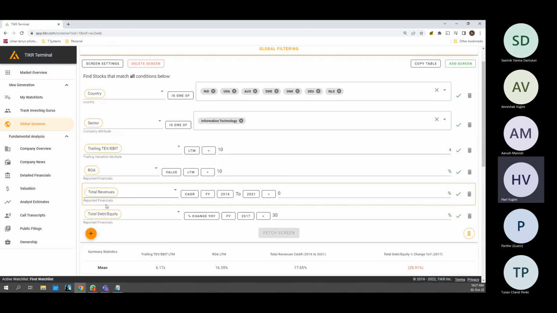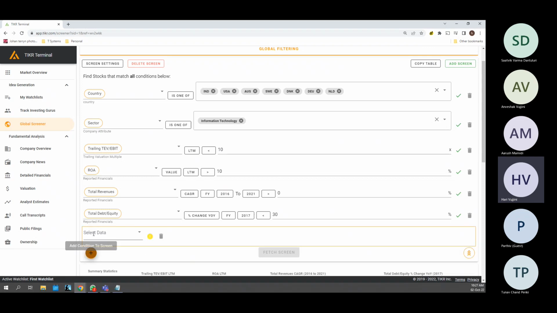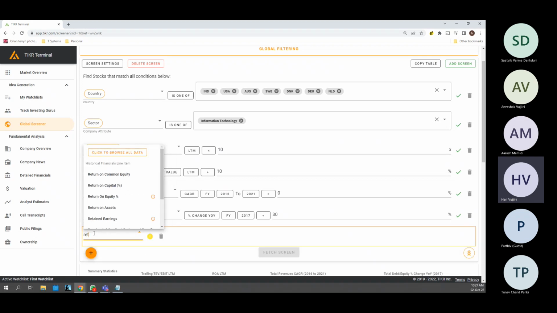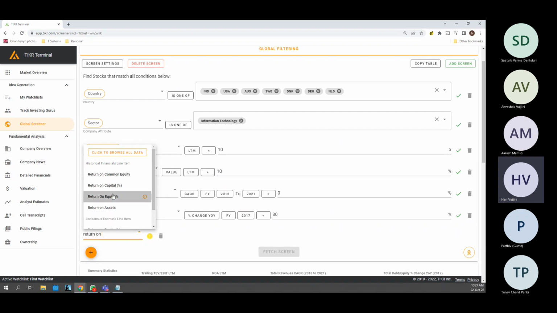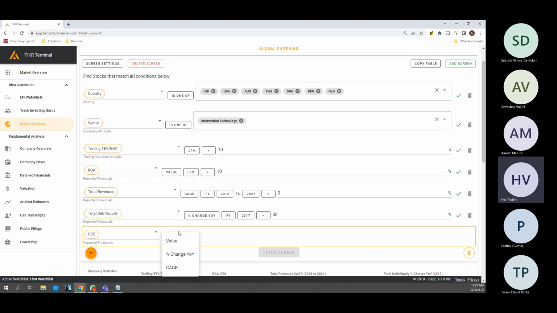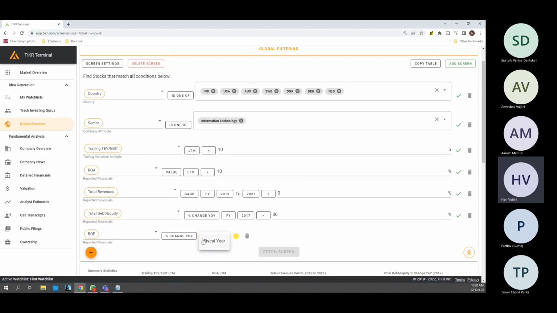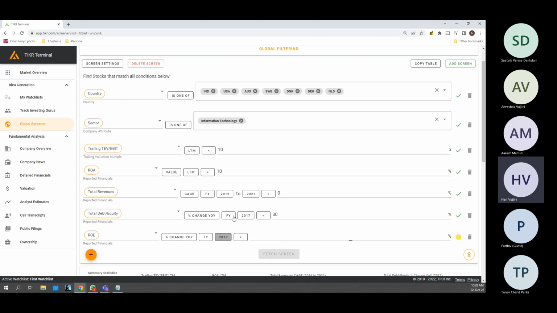For example, I want a return on equity. Equity is the money that the shareholders put into the business, and I want the return on equity to be more than, for the last one year, greater than 20.